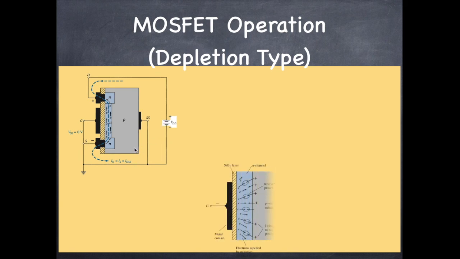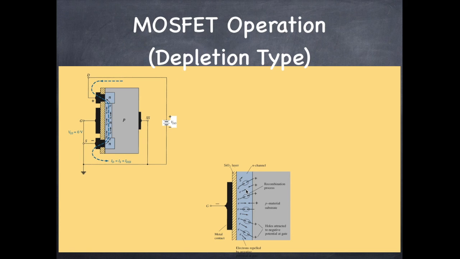Now if we set VGS at some negative voltage, say -1 volt, this negative potential at the gate will tend to pressure electrons towards the P-type substrate, like charges repelling, right? And it will attract holes from the P substrate. You can see it in the figure.